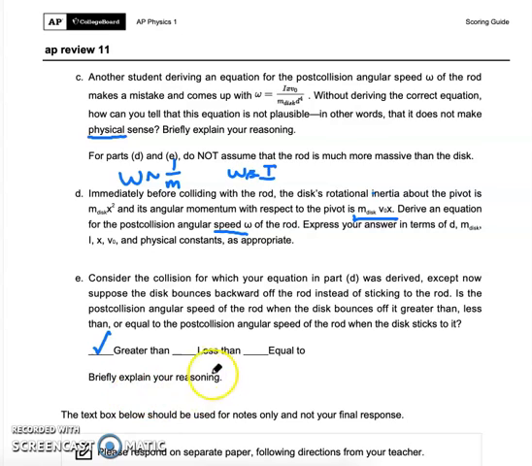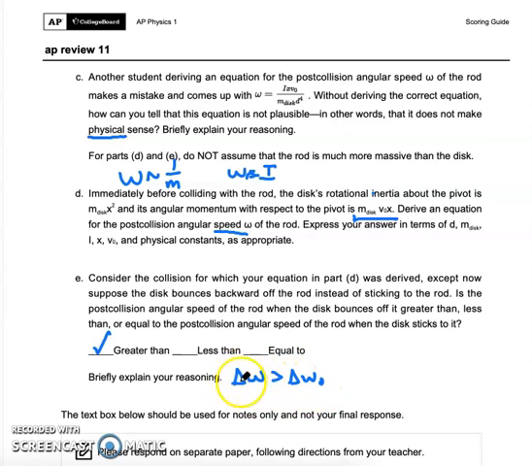And then you'd have to explain it. It doesn't have to be a super detailed explanation, but probably the easiest way is: if it bounces off, the change in angular velocity of the disk is going to be greater than the change if it sticks, where I'm using omega naught as the initial.